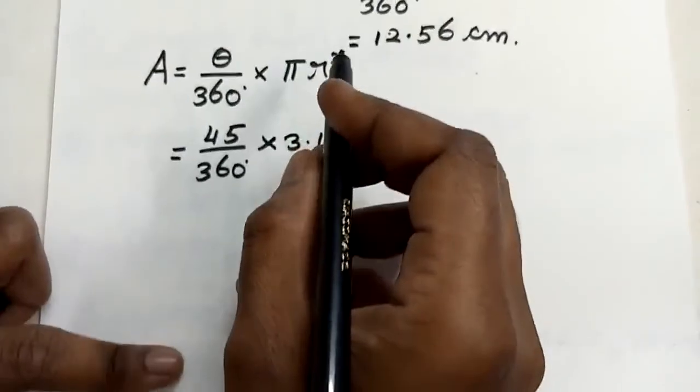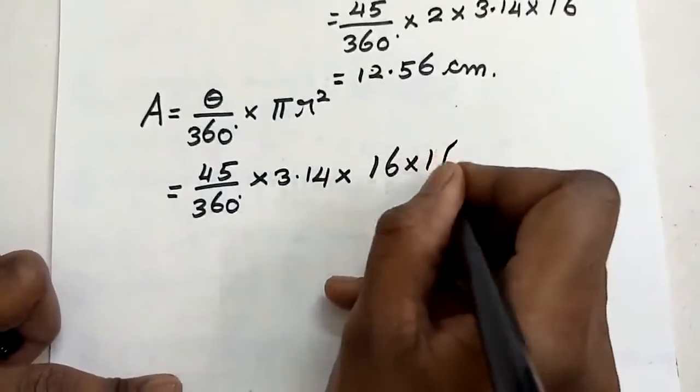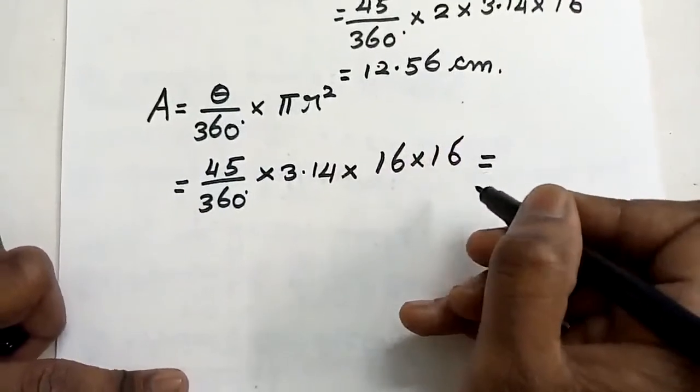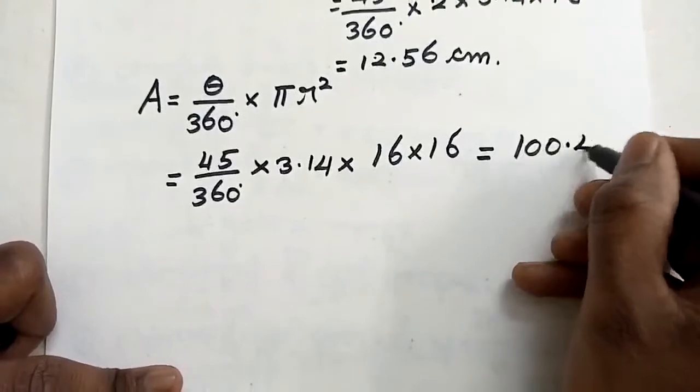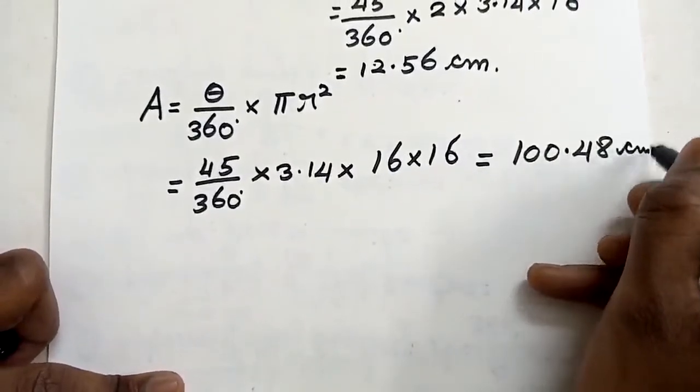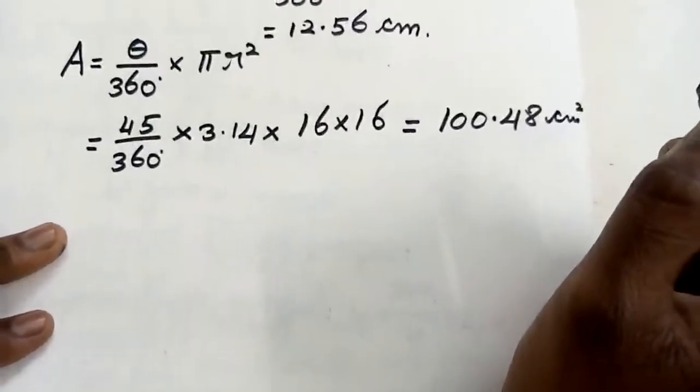R square is nothing but 16 square. I can write it as 16 into 16. Cancel the terms. You will get the answer as 100.48 centimeter square. The last one, they are asking you to find the perimeter.